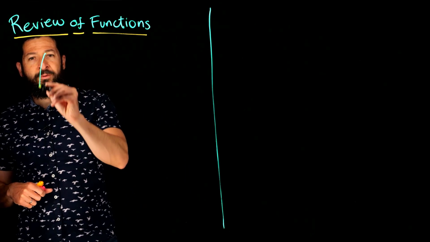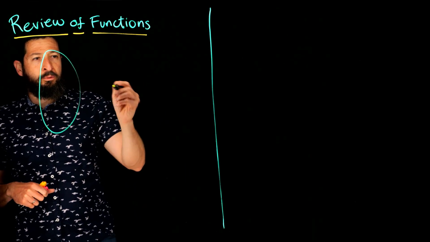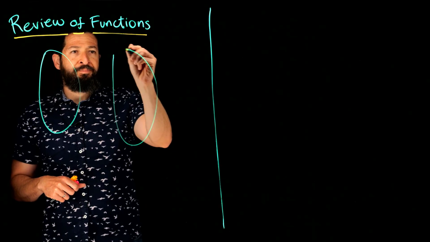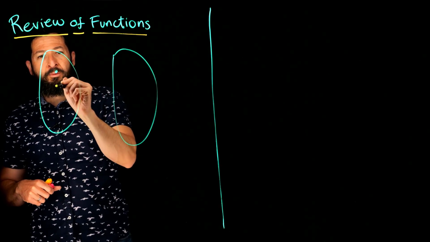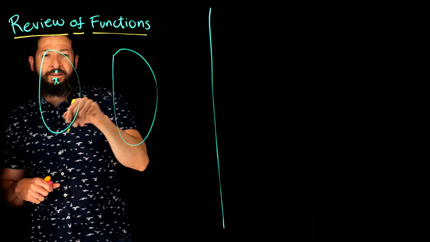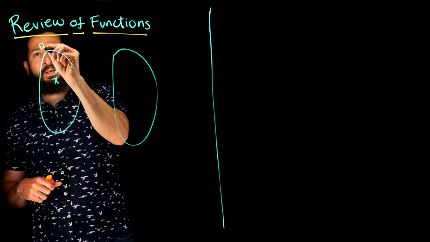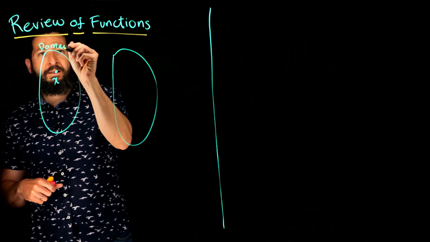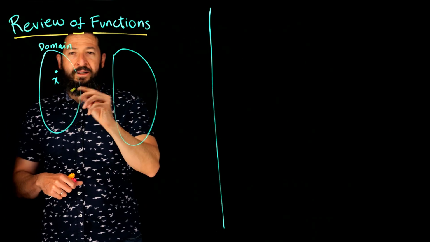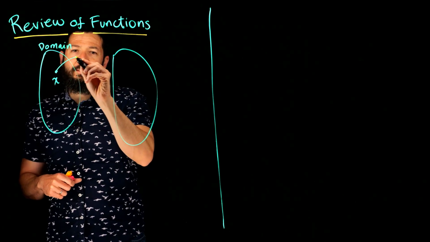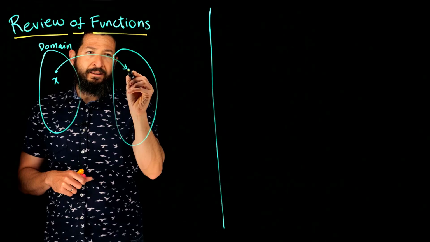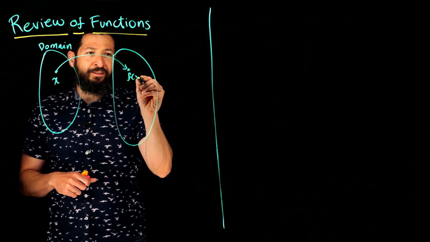So you want to think about a function as a rule that will transform or assign every element x in a set called a domain. This is where the function will be defined, and it's going to be sending this x into an f of x.